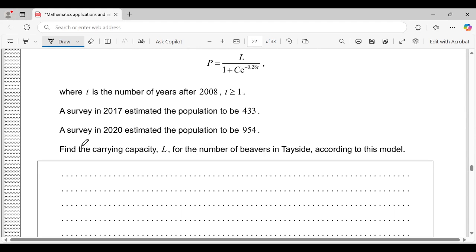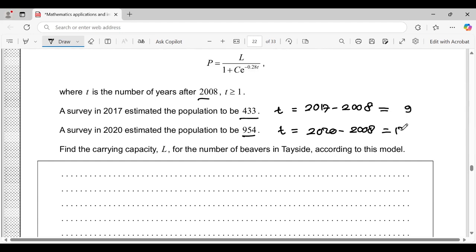In 2017, P equals 433 and t equals 2017 minus 2008, which equals 9. And in 2020, P equals 954 while t equals 2020 minus 2008, and it is 12.